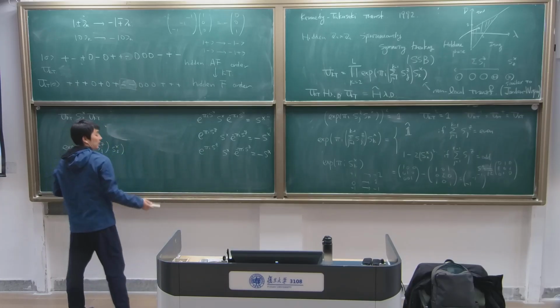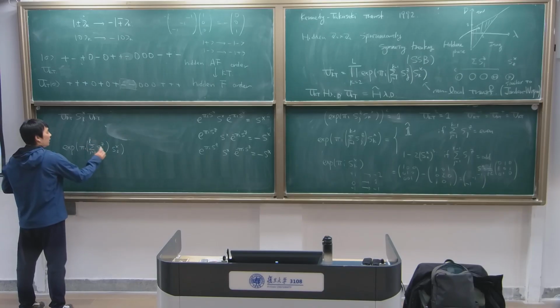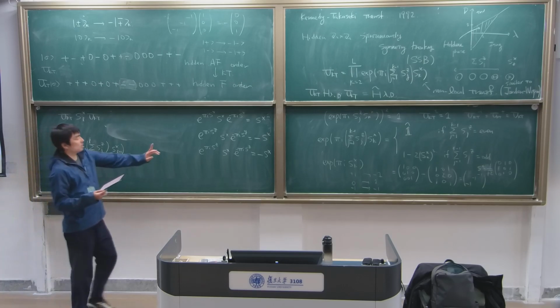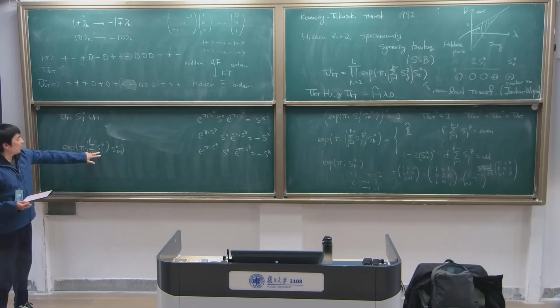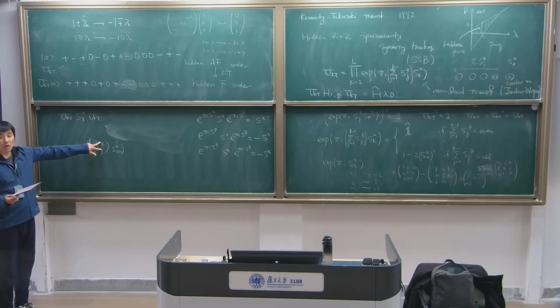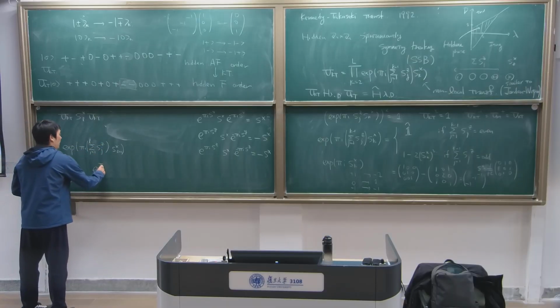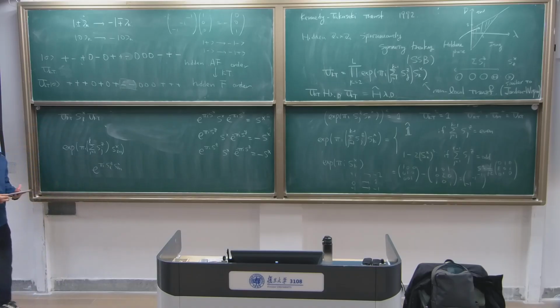Next we need to take a look at the boundary term, so this is L and L plus 1. Now we need to use this transformation because now S_L^z will appear. So here you have e to the pi i S_L^z and S_{L+1}^x up here.